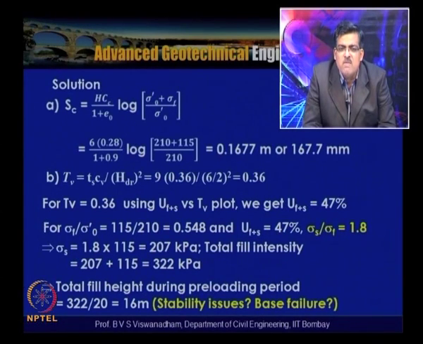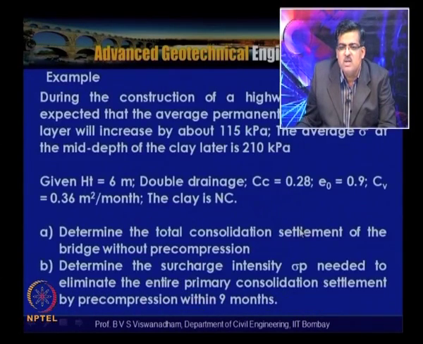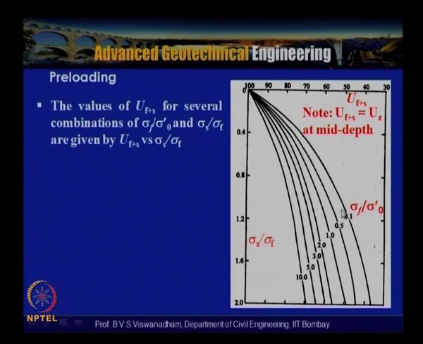Once the time factor is known, that is 0.36, and using this plot which we have discussed, for sigma F by sigma naught dash equal to 0.548 and U F plus S equal to 47%, we can determine like this.